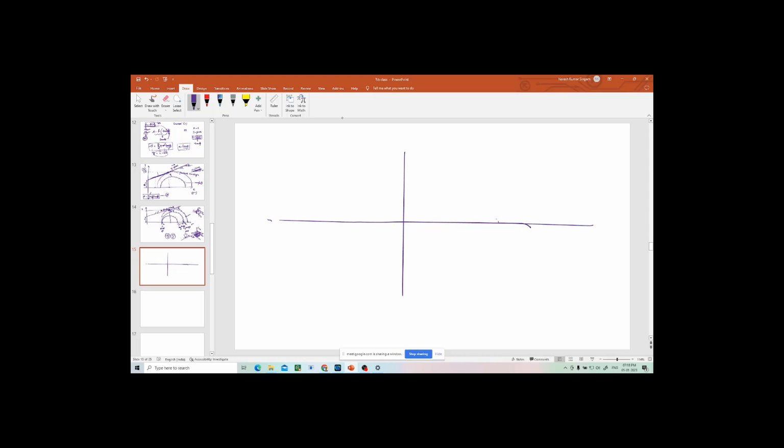Okay. Now let us say this is tau, this is sigma. Now I have the failure envelope like this. This is the failure envelope.